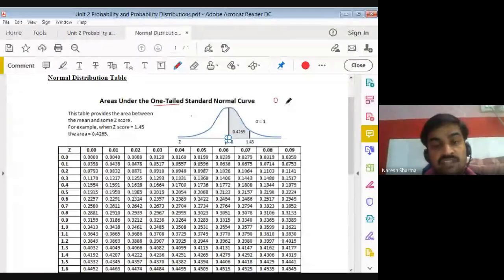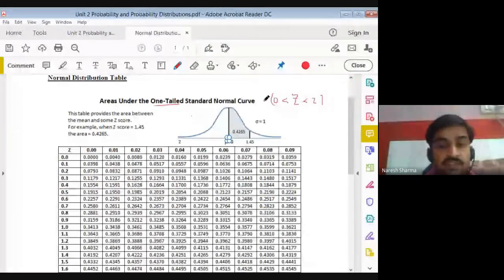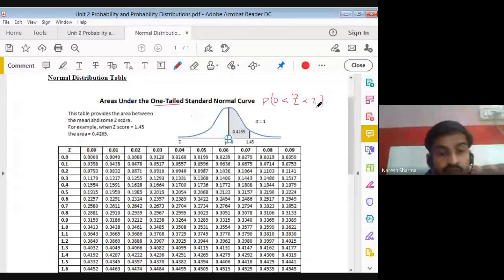The probability given here is from 0 to z, where capital Z is used as the variable and small z is the point. So this table is called the normal distribution table.